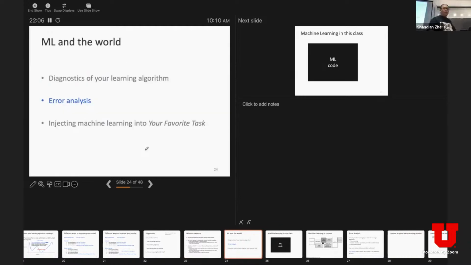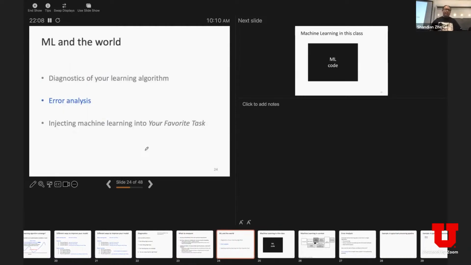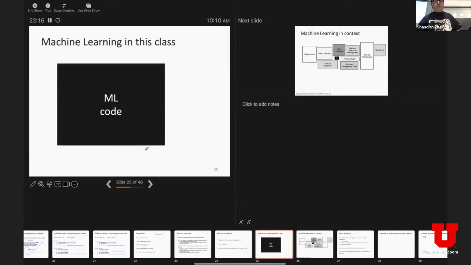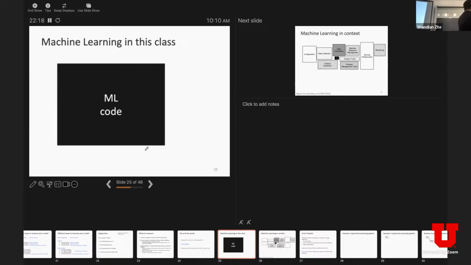Okay. Now we have finished the discussion about how we diagnose our learning algorithm. Next, we're going to look at error analysis. So this is about, if your system consists of several machine learning models, not just one single model, how do you detect which component is problematic if your overall performance is not satisfactory?